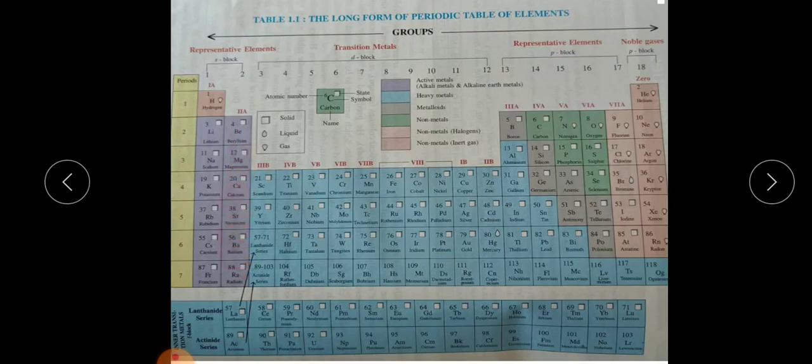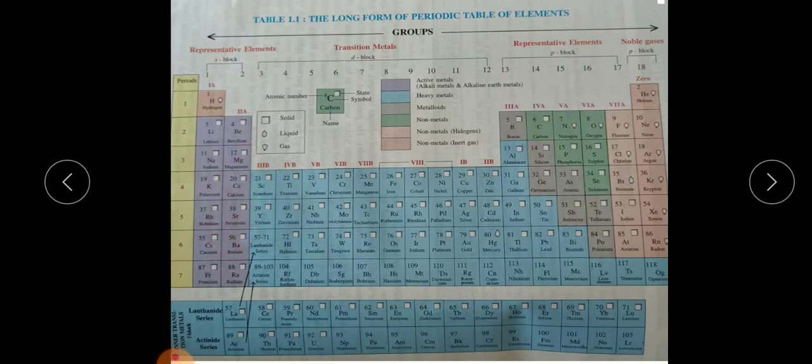Now this 1 and 2 belong to s block elements, as we have already studied in our previous classes in the structure of atom: s orbital, p orbital, d orbital and f orbital. The reason is that when you write down the electronic configuration of these elements, the last electron will go into the s orbital. That's why they have been placed into the s block.